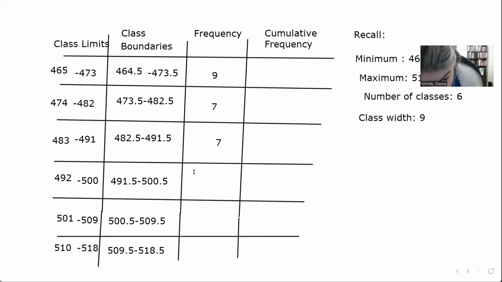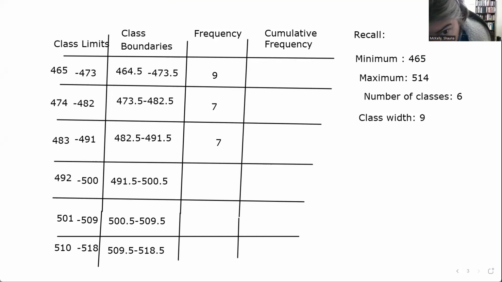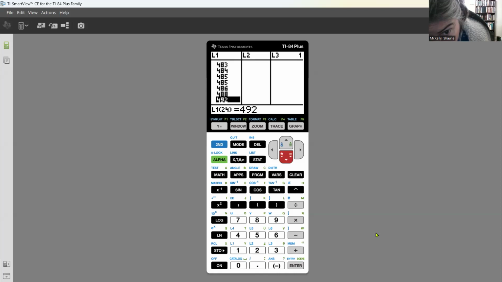Now we're going to go from 492 to 500. 1, 2, 3, 4, 5, 6.